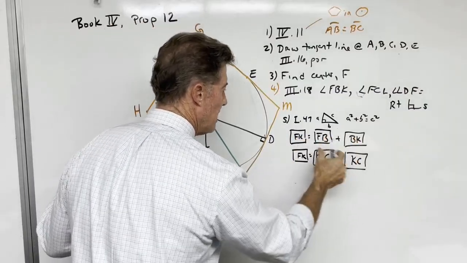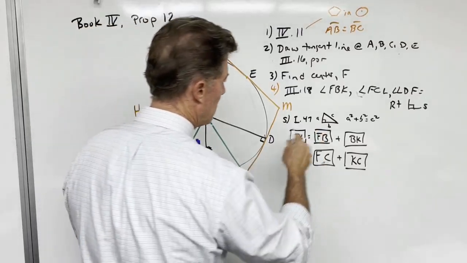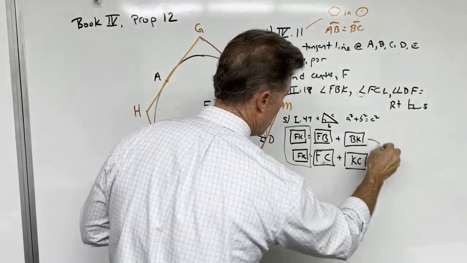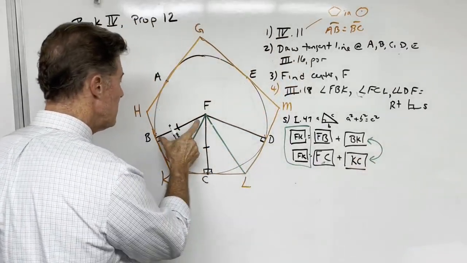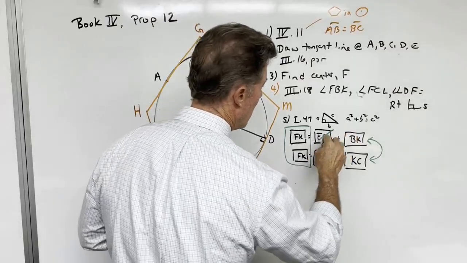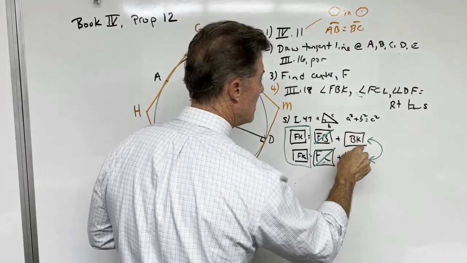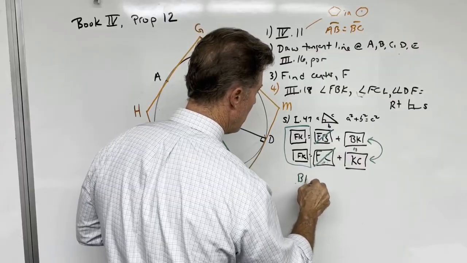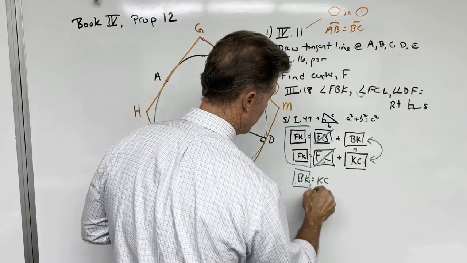So these two things, which are equal to the same thing, are therefore equal to each other. But the square on FC and the square on FB, since they're equal, we can remove them from the equation, and that means that the remainders are equal. So we know that the square on BK is equal to the square on KC.